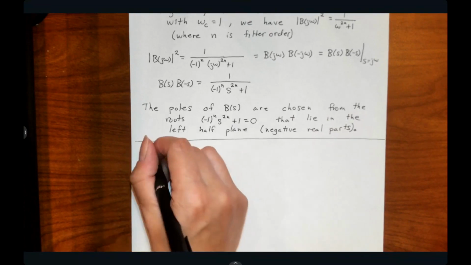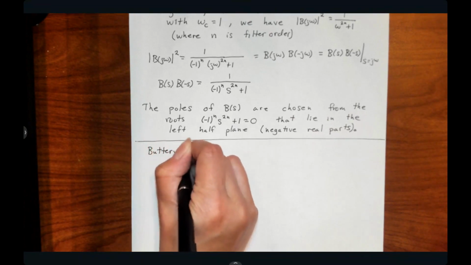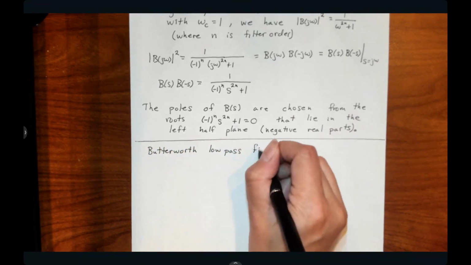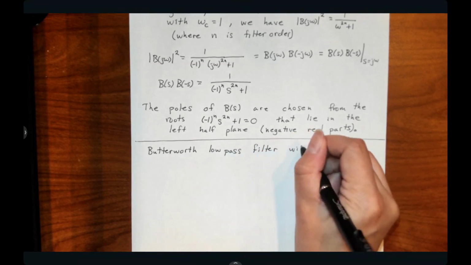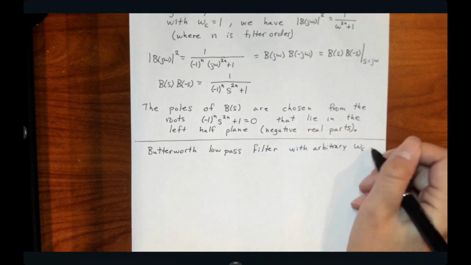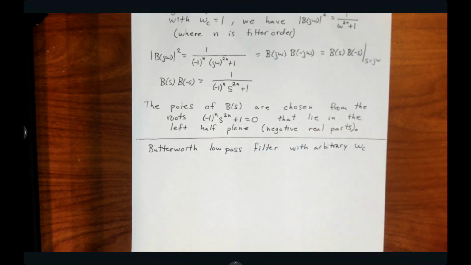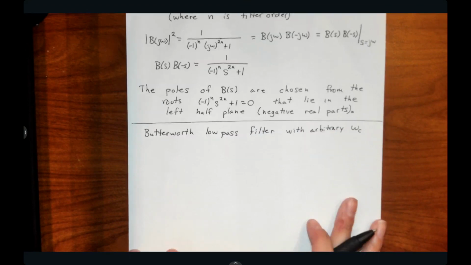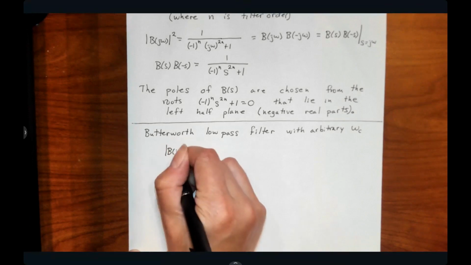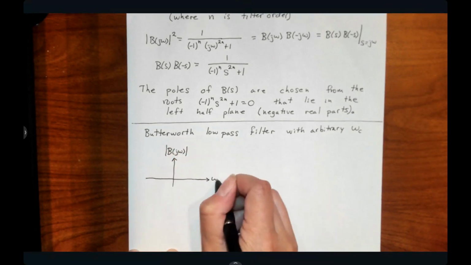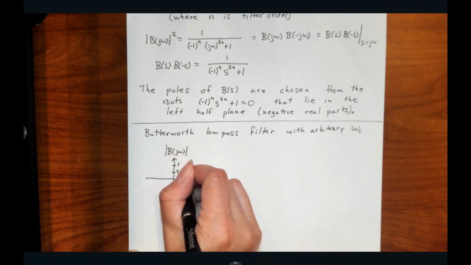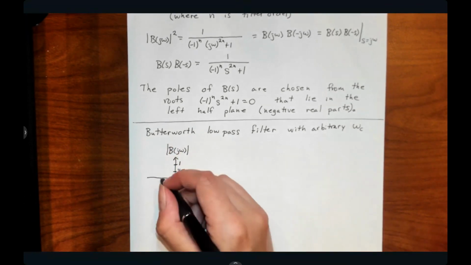And so what we can do, if we want a Butterworth low pass filter, and we want it with some other cutoff frequency omega c, well, if our Butterworth filter that we have, the magnitude response, we're going to have 1 over square root of 2, that roughly -3 dB point.